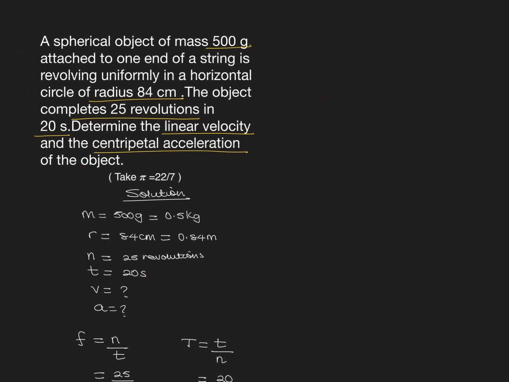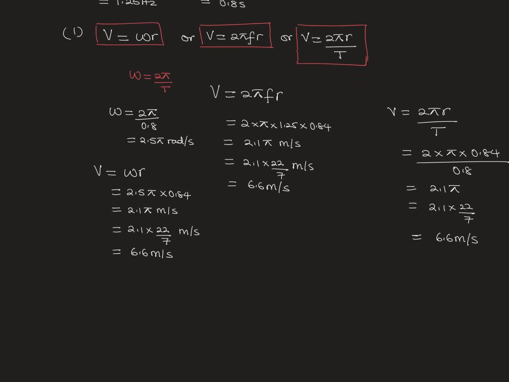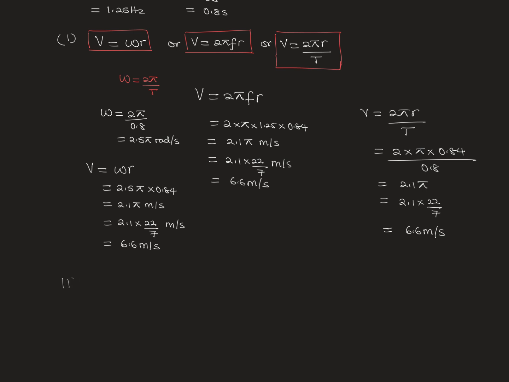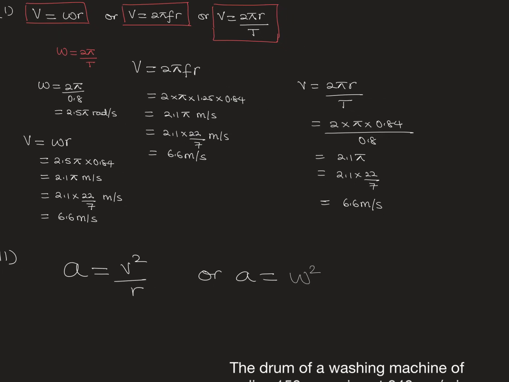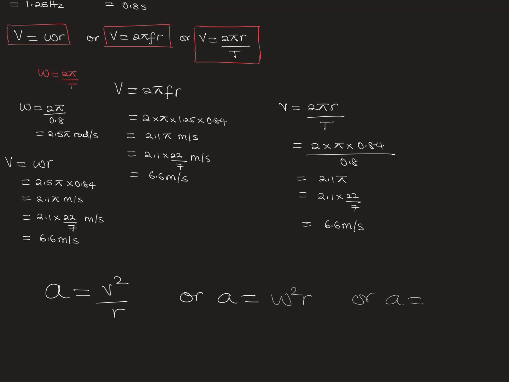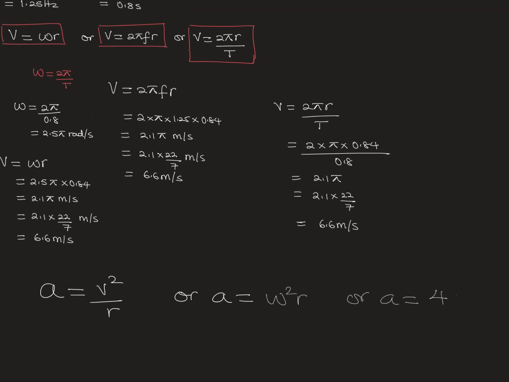So moving on to answer the centripetal acceleration. We said that acceleration is equal to v squared divided by r, or acceleration is equal to omega squared r, or acceleration is equal to 4 pi squared r divided by t squared.